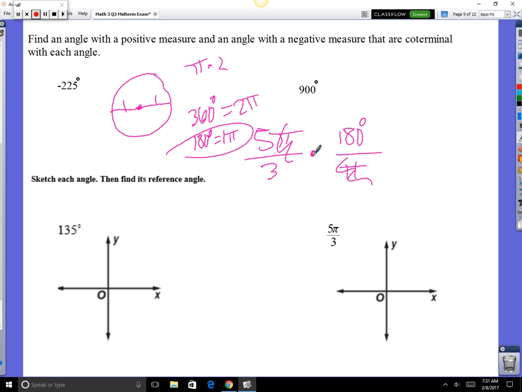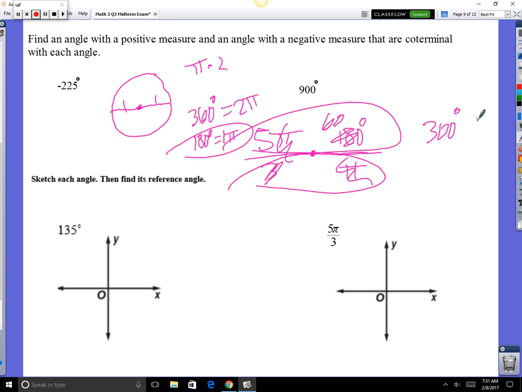Now you times your tops and you times your bottoms, but first I'm going to do 180 divided by 3, because that's all on top and that's all on bottom. 3 goes into 180 60 times, and 60 times 5, so that is the same as a 300 degree spin. So here we go, I've got a piece right there, and I'm going to spin 300, which is going to end me up right here.